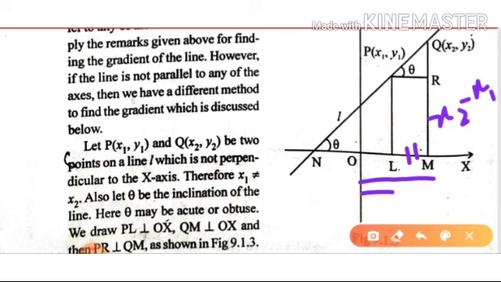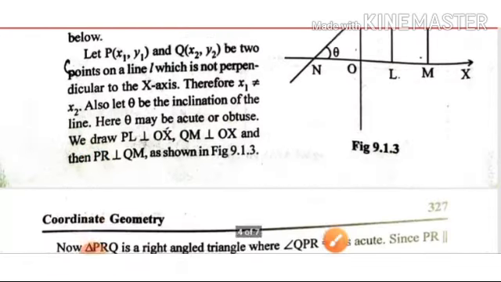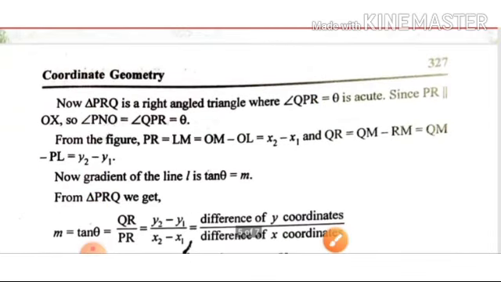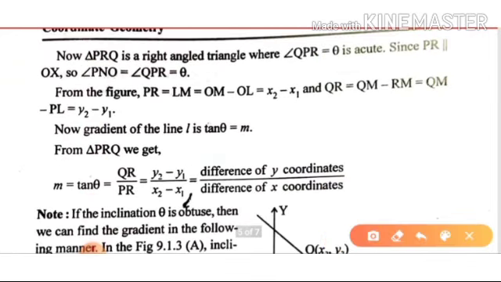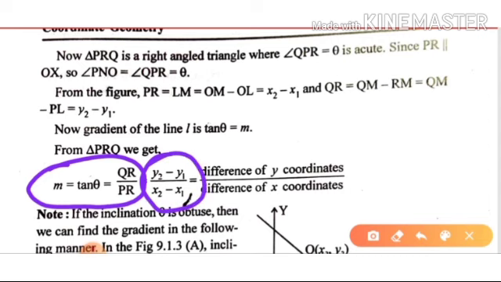So QR is equal to y2 minus y1, and PR is equal to x2 minus x1. This is what they have done. Tan theta is equal to QR divided by PR, that means y2 minus y1 divided by x2 minus x1, that means the gradient of a line.